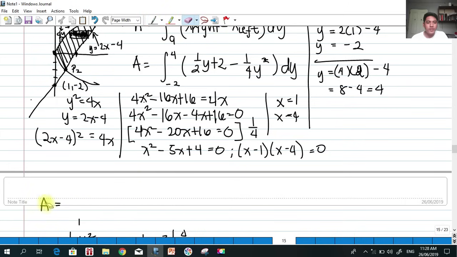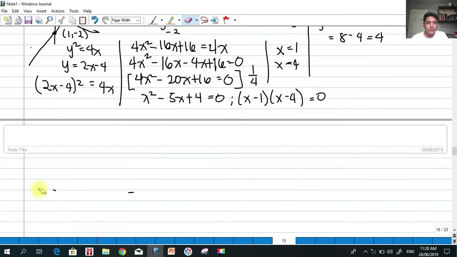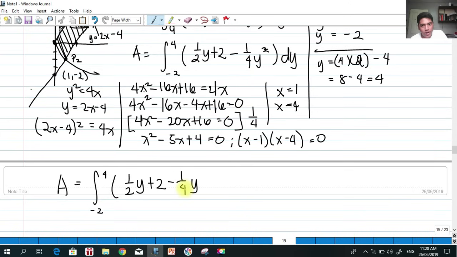Again, let me just erase this. We have the area equal to the integral from negative 2 to 4 of 1/2 y plus 2 minus 1/4 y squared, dy.